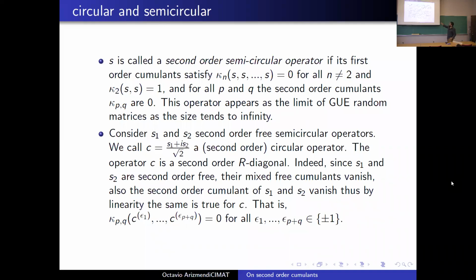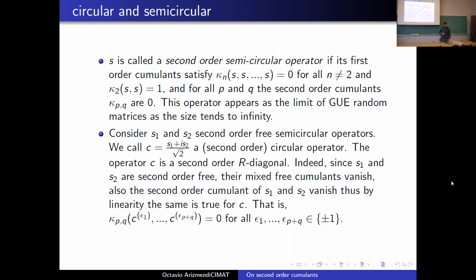What I'm saying is that for a GUE, if you calculate the limiting covariances, they will be all 0. There is no element.